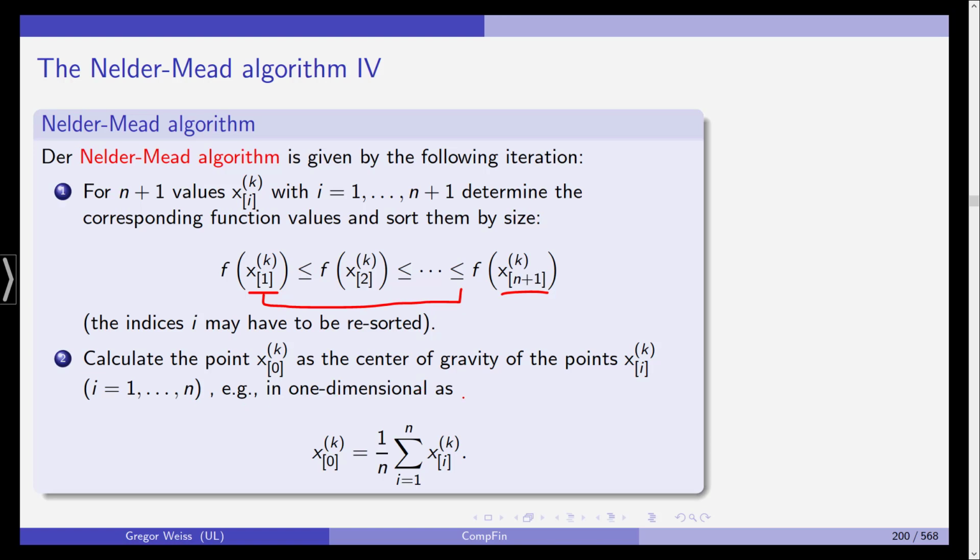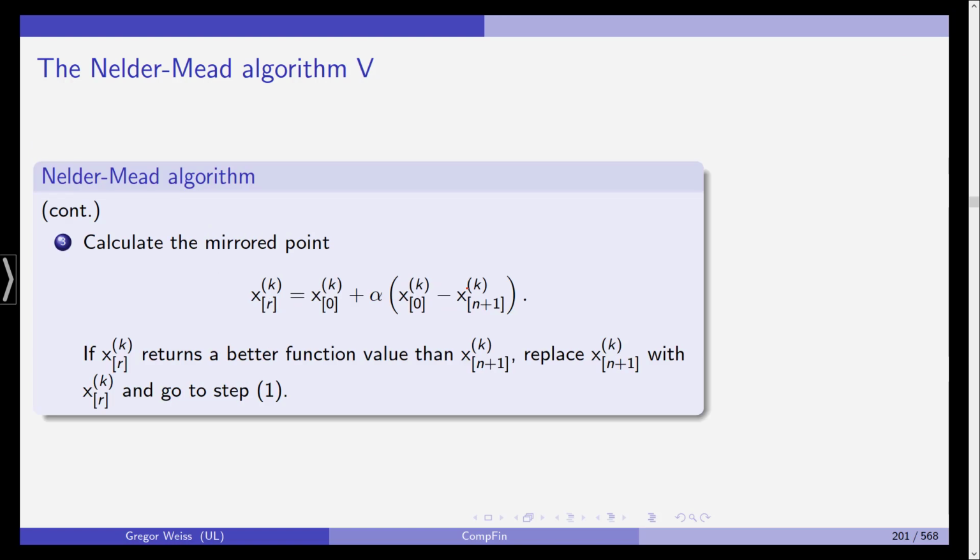So, for example, in one dimension, we have simply the average of those previous points. Now, we calculate the mirrored point: x0 plus alpha times x0 minus xn+1.